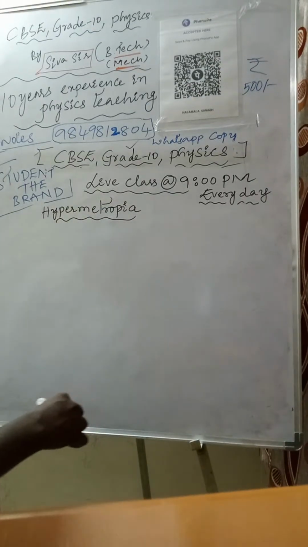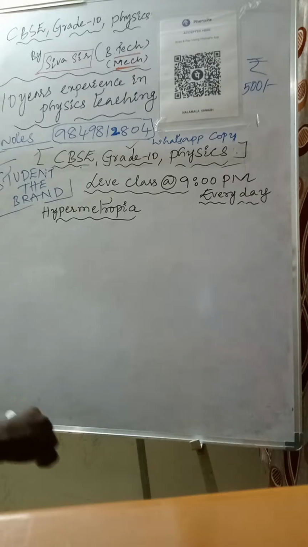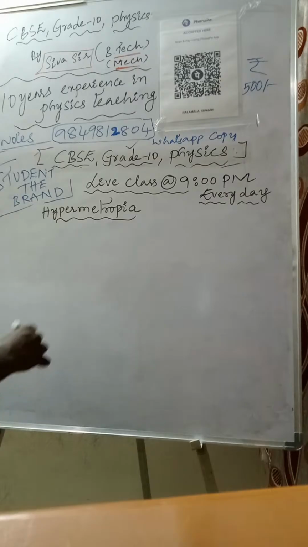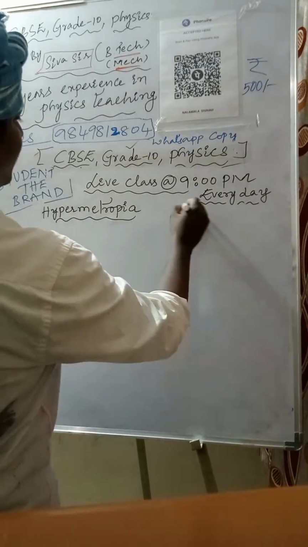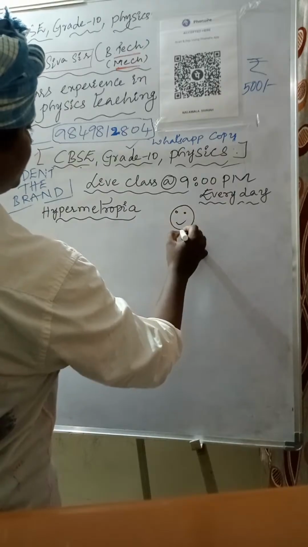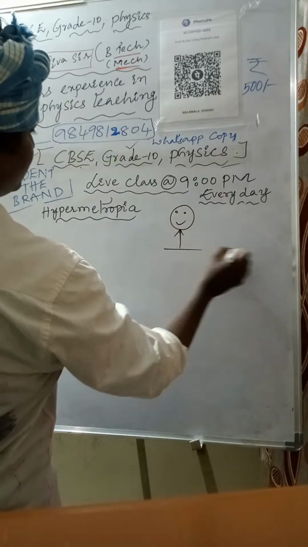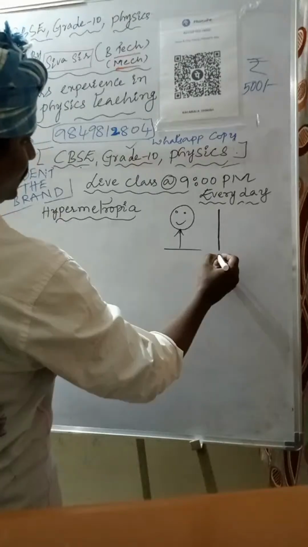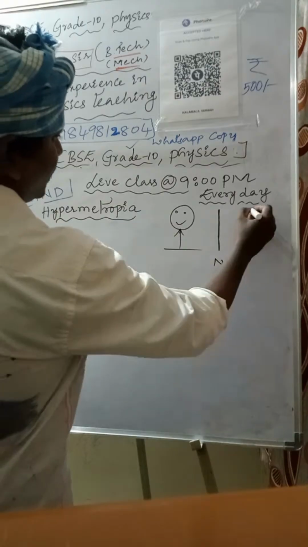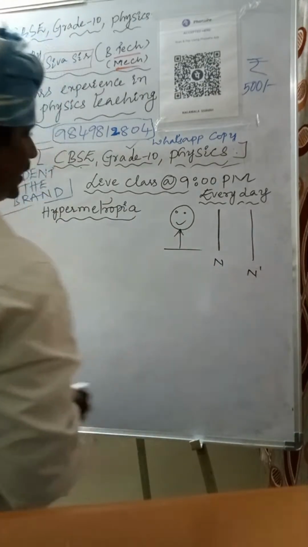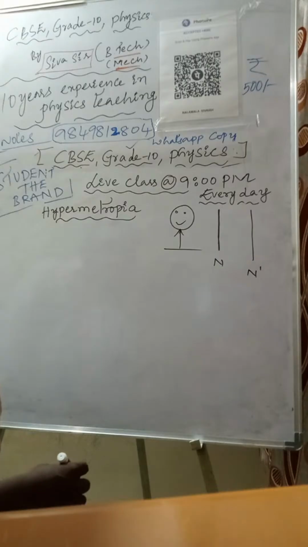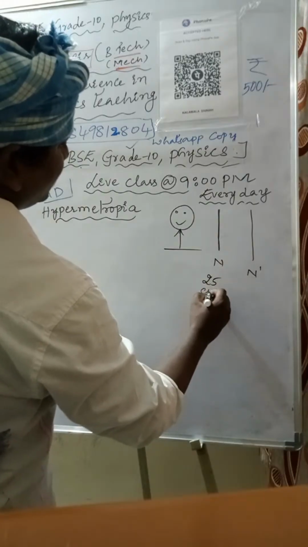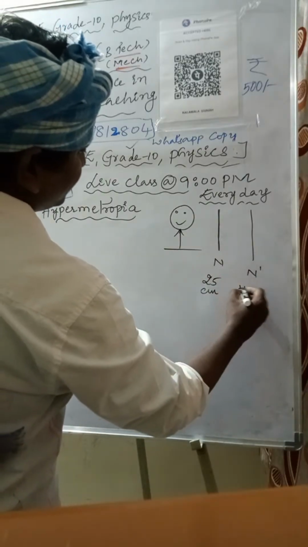So if the person is here, I am standing here. So this is the near point, and this is N dash. Okay. So this is N and N dash. So this is 25 centimeter, and this is the near point of hypermetropia.